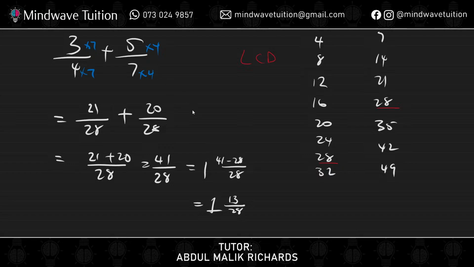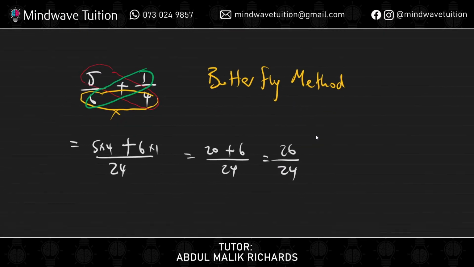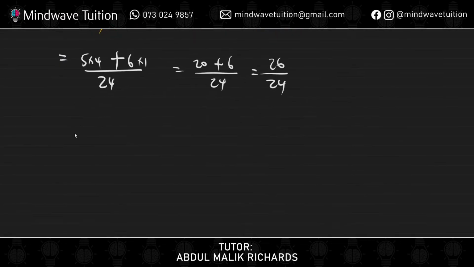So 3 over 4 plus 5 over 7. So we start with multiplying our denominators. So 4 times 7 is 28. And then we multiply those two.